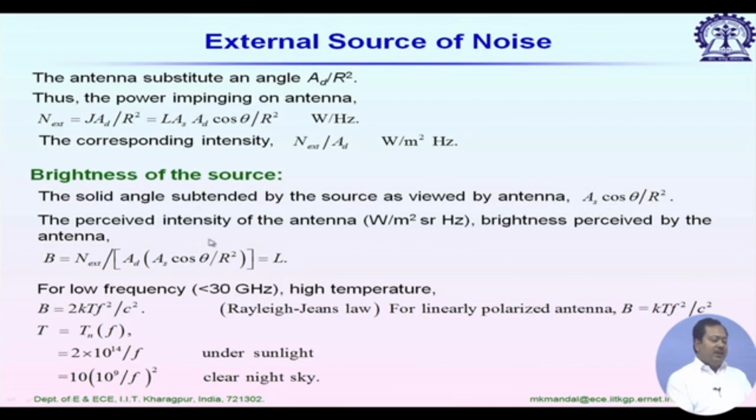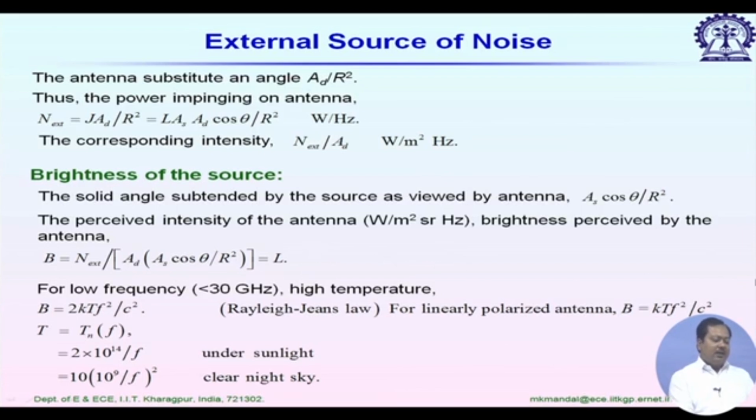Then the brightness perceived by the antenna, B, is equal to N external divided by AD, divided by AS cos theta by R square. Total power we know, and we divide by the angle, so that it has the value per unit solid angle. If I put the value of N external from the previous equation, B becomes simply L.